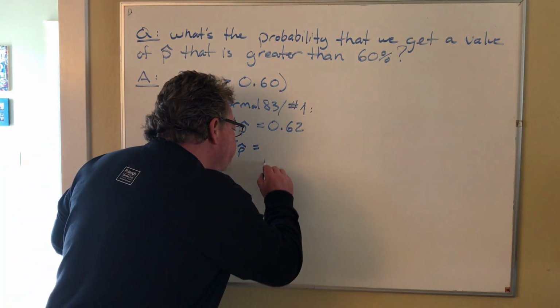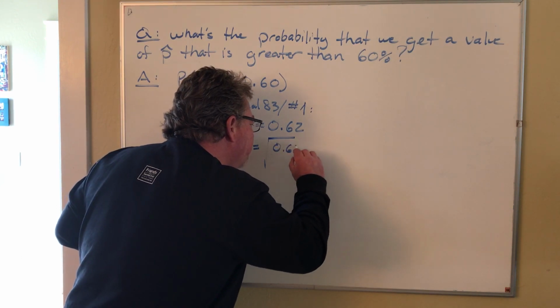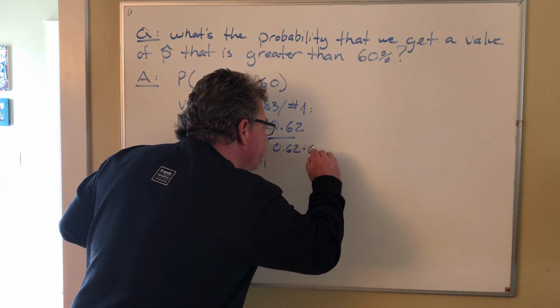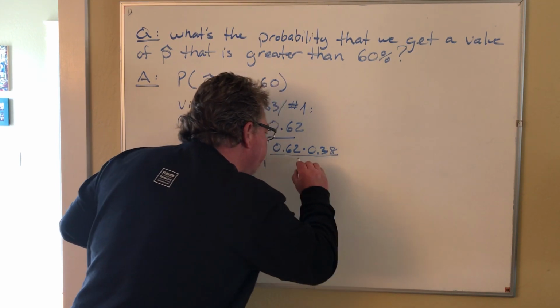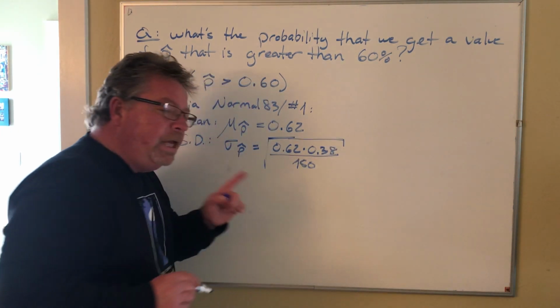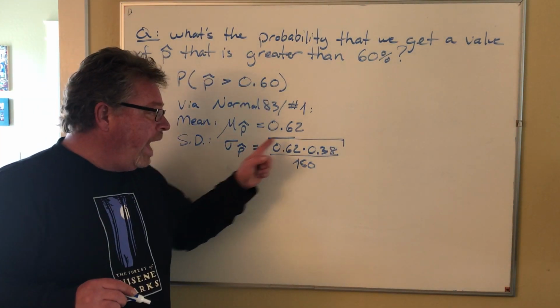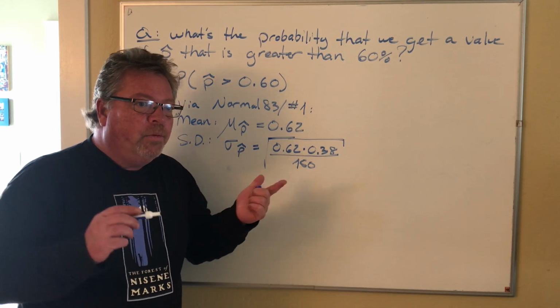I want to put in the actual calculation. So I'm going to enter the square root of 0.62 times 0.38 divided by our sample size of 150. Normal 83 will allow me to enter that formula, and you don't have to do anything crazy with parentheses.